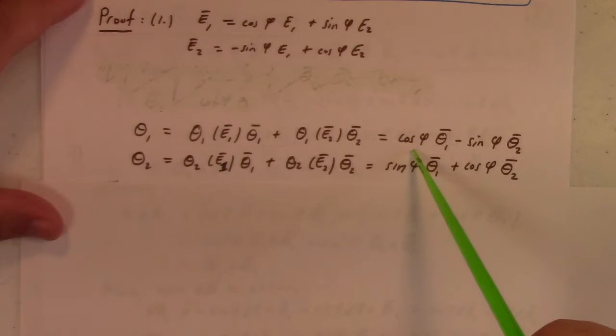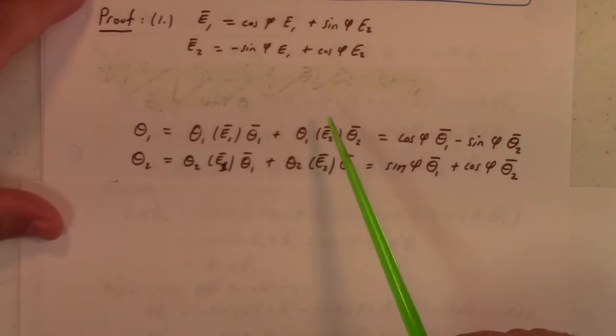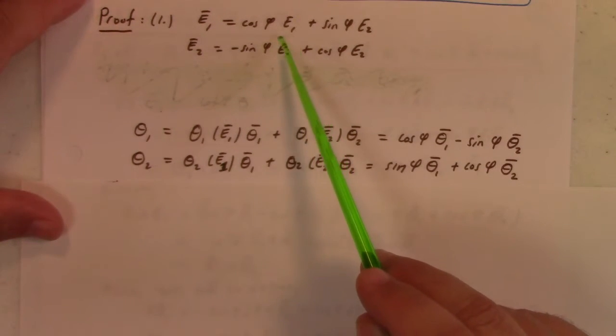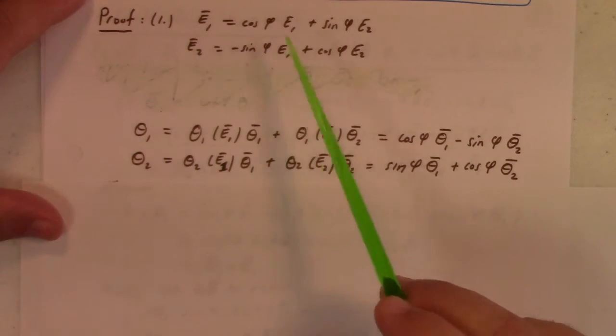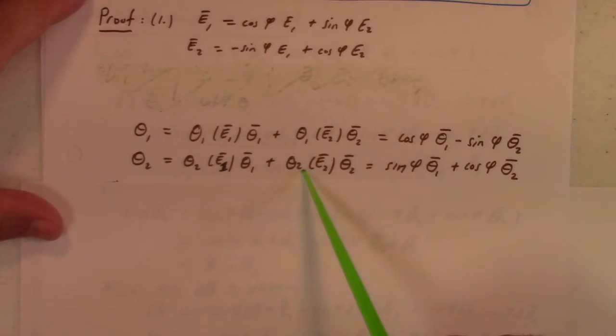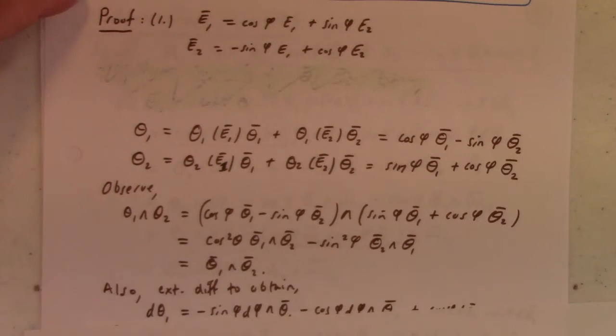That's why there's not a sine phi here. Over here I have theta 1 e2 bar. Theta 1 acting on e1 gives me a minus sine phi. There it is, and this piece drops out. Now down here, I've got theta 2, so that picks up this term and that term respectively. See it? All right, nothing too mysterious.